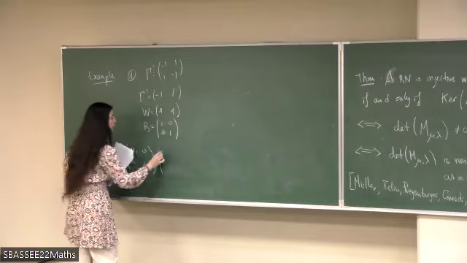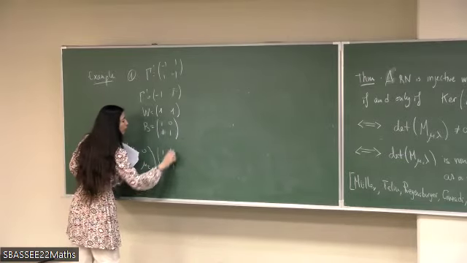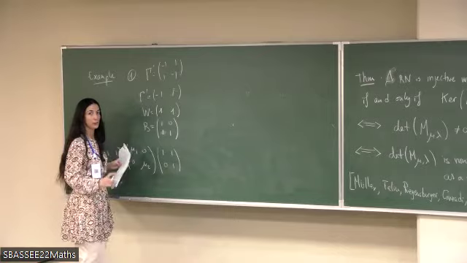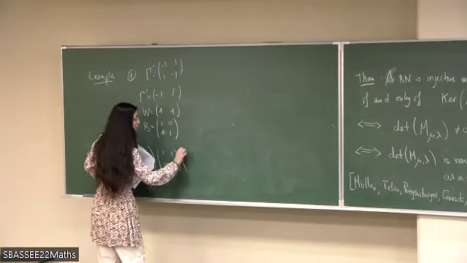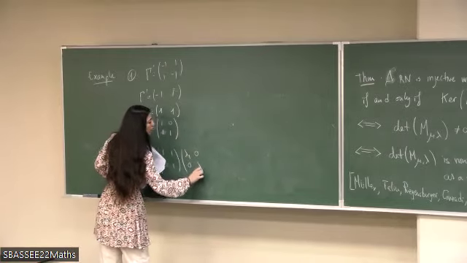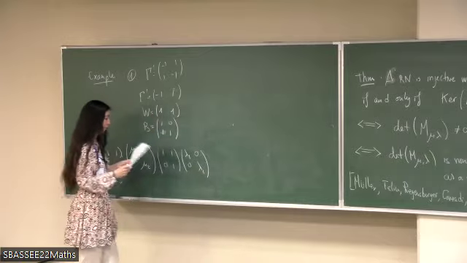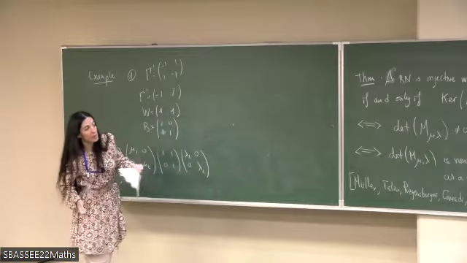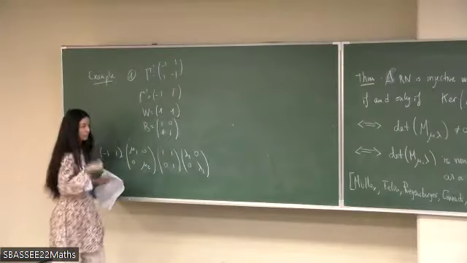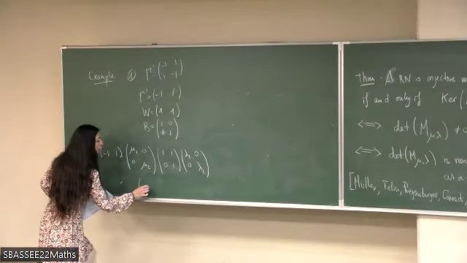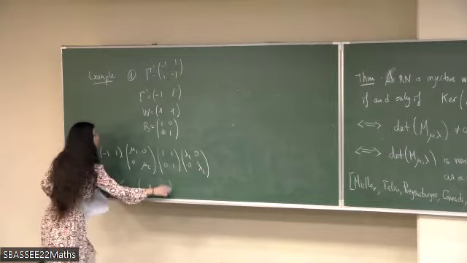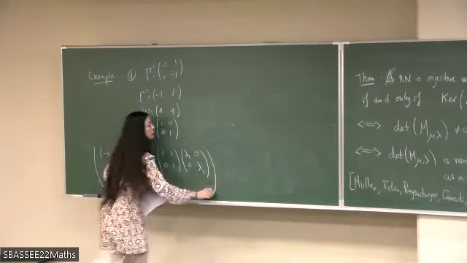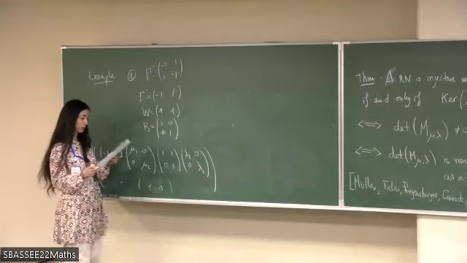Then it comes B transpose. And now I have two species, so I have two lambdas. And that would be the matrix M there, well, the upper part. Then I need to add the lower part here. So I have these two matrices, one on top of the other.